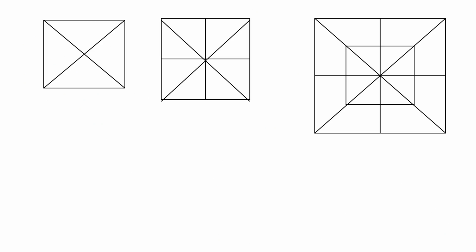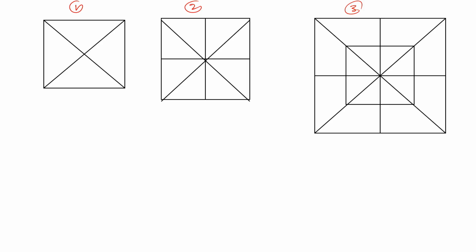Now in this slide we have 3 figures, 1, 2, 3, and in exams they might give this type of figure where the figure is a square with 2 diagonals which form the triangles. So they will ask how many triangles are there in this figure.